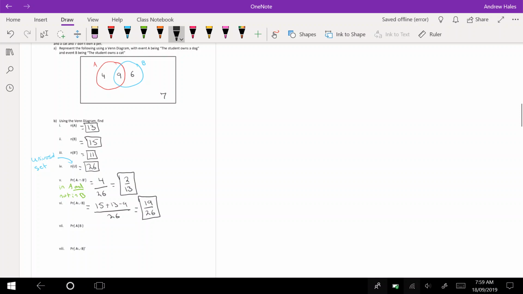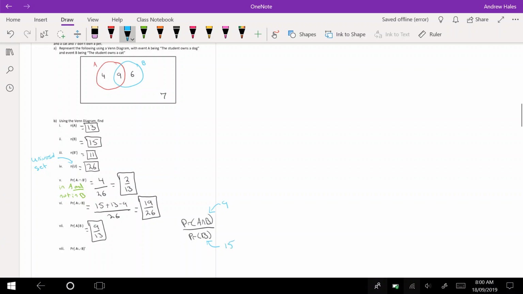Probability of A given B, so that is just going to be 9 out of 13. Okay, how I got that? Well, it's the probability of the intersection over the probability of B. The intersection is just 9, and B, oh, that should be 15.